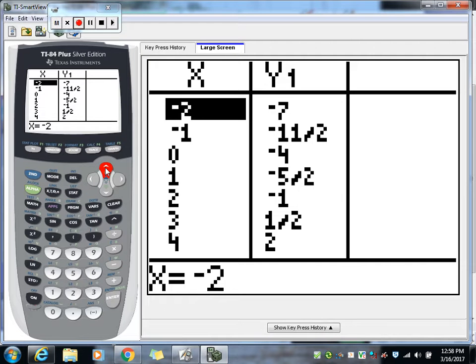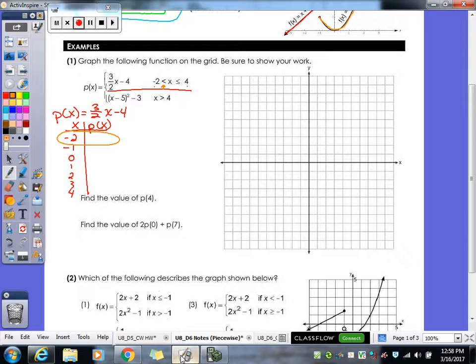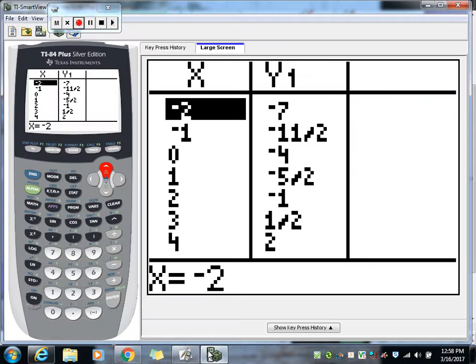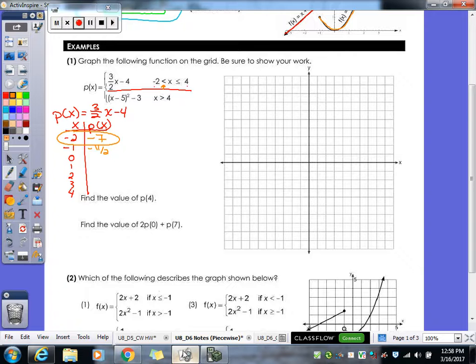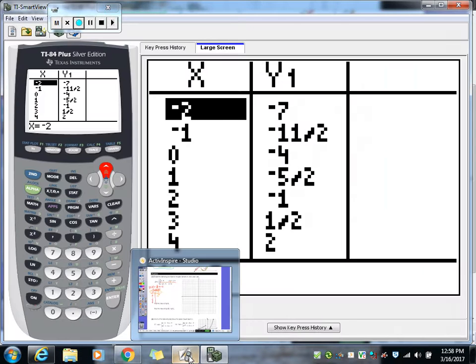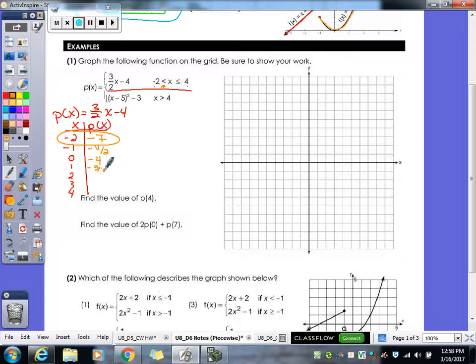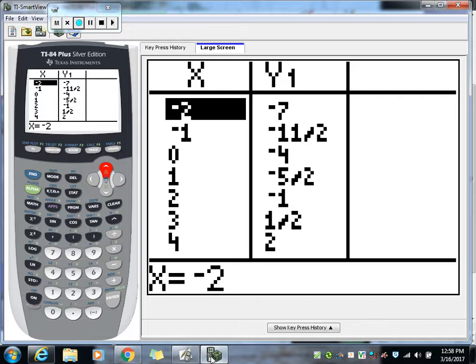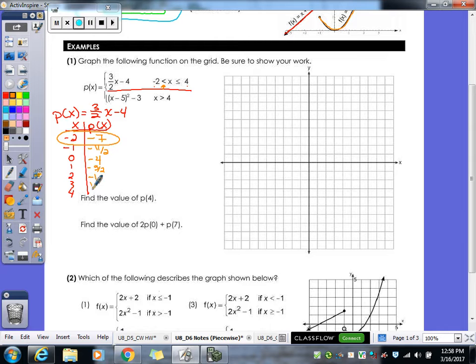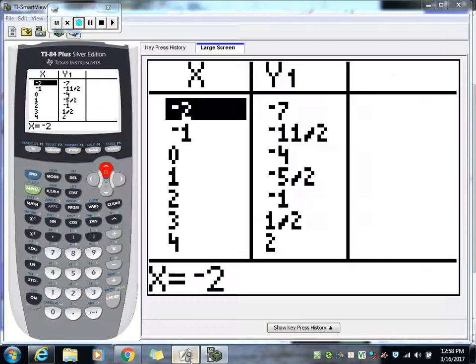All right, so we got -2, -7, and then -11/2, 0, -4, -5/2, -1, 1/2, and 2.